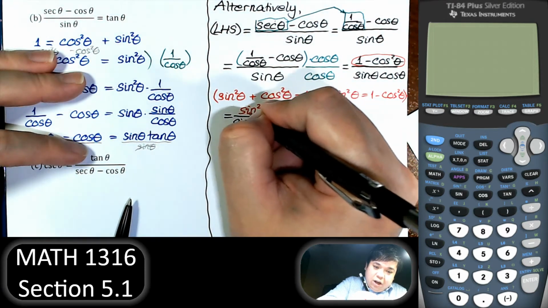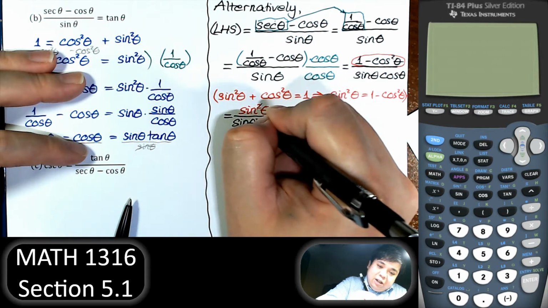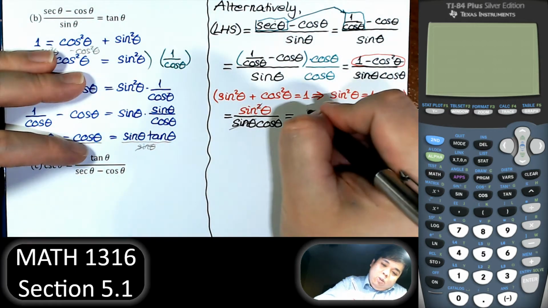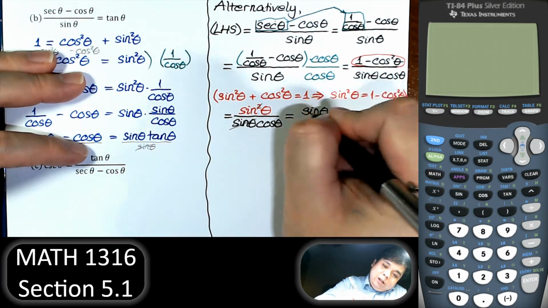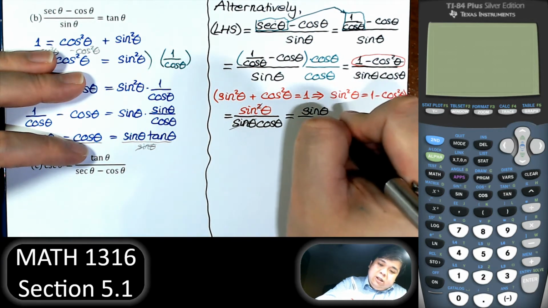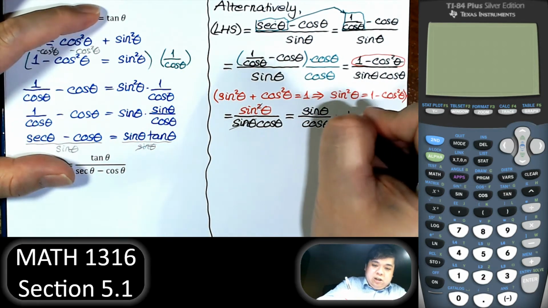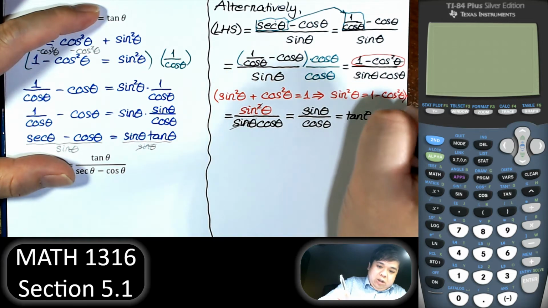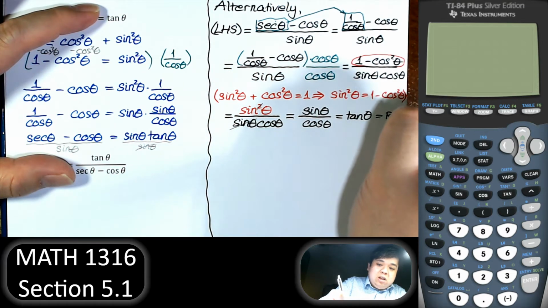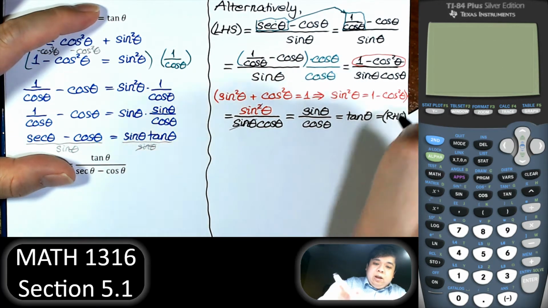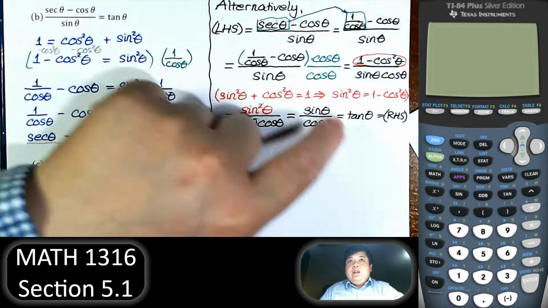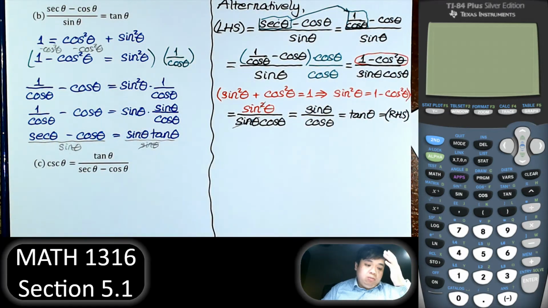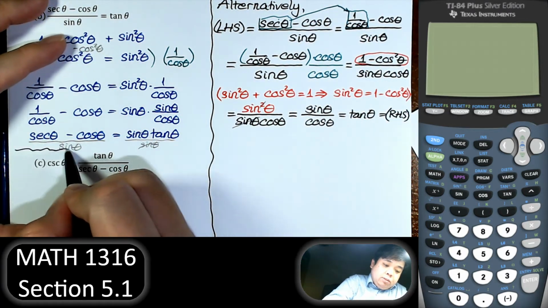So sine square, sine times sine, that cancels out. We have sine over cosine. And of course that is tangent, and we say equal to the right hand side. So this is a complete proof. Usually we go from one side to the other, and that is the traditional way to do things.